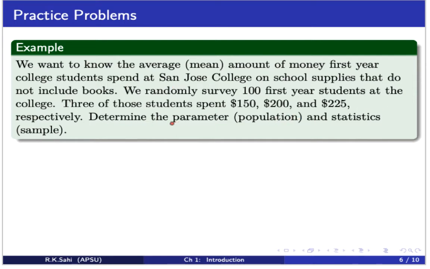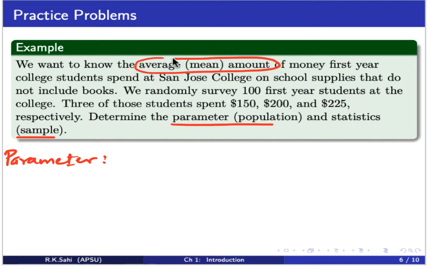We would like to find the parameter and the statistic in this problem. So the parameter here, remember, a parameter means the numerical summary of the population. So here the parameter is the numerical summary. Remember, it is the average amount.